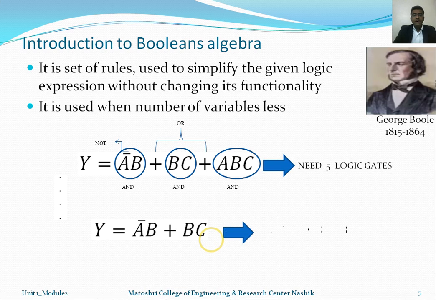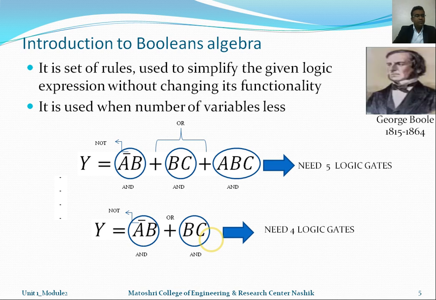Now this simplified Boolean algebra expression requires only 4 logic gates to perform the same operation. For this A complement, a NOT gate. For this A complement B, an AND gate. For BC, an AND gate, and a single OR gate.